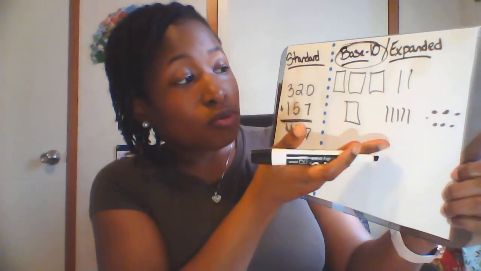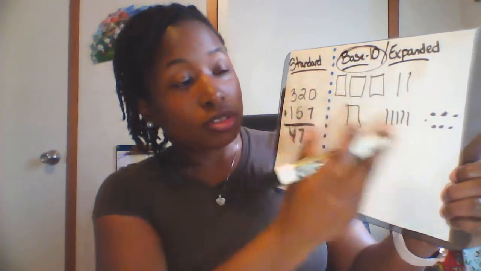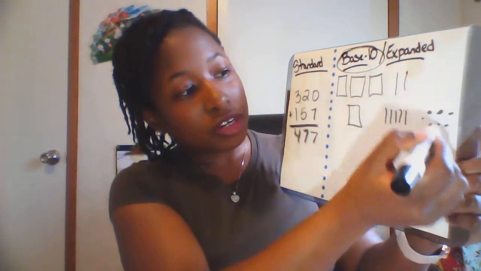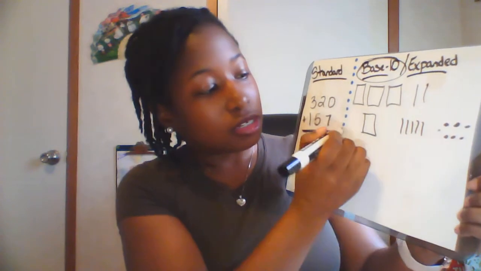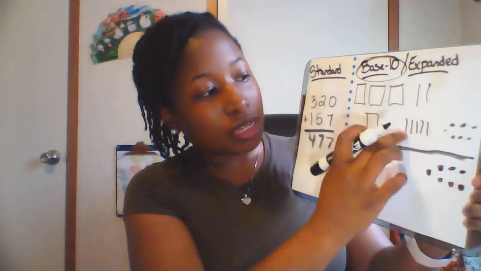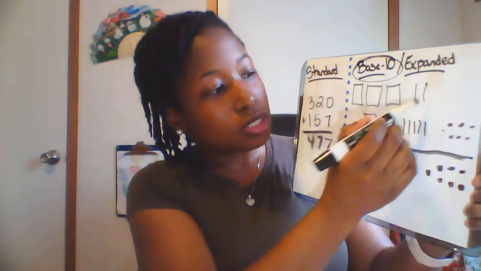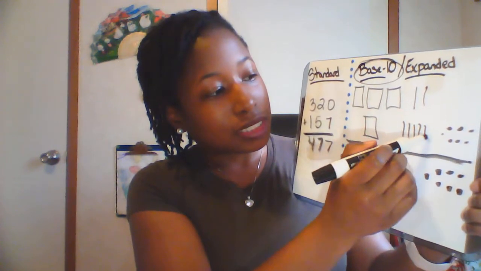So now we can just add them up using the picture. There are no ones here, but there are 7 ones here. So when I get my total, only looking at the ones, I still only have 7 ones. Then I go to my tens. 1, 2, 3, 4, 5, 6, 7 tens now.